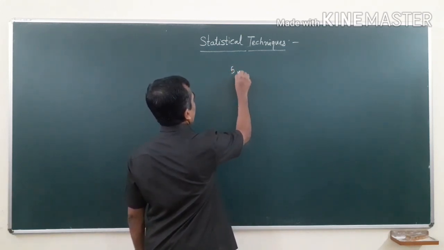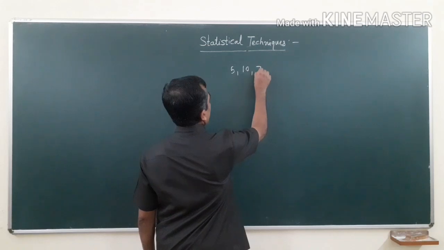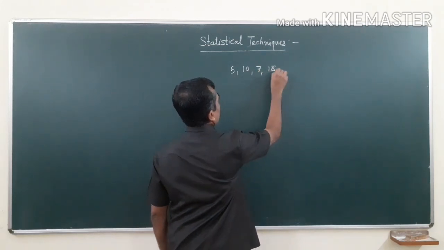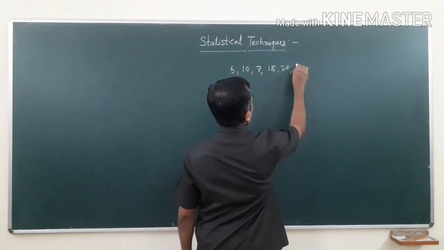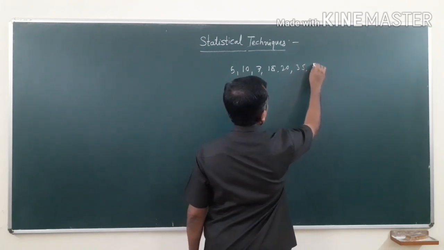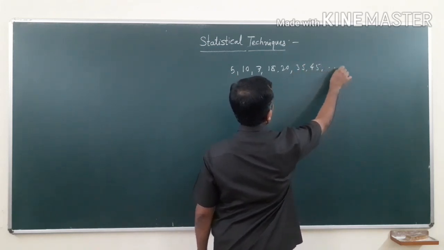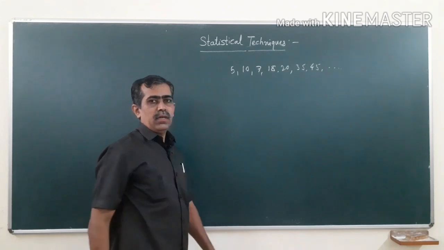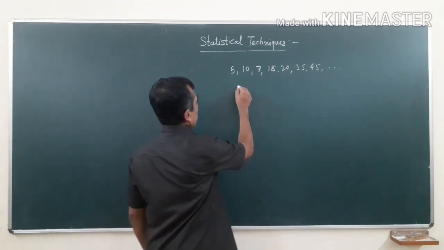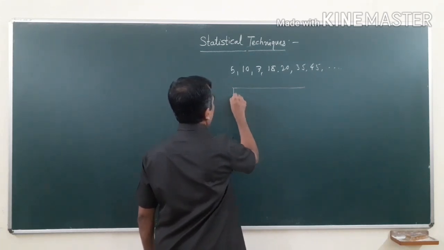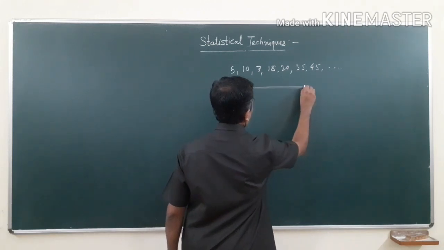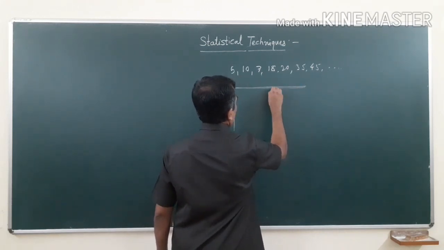Suppose you are given data like this: 5, 10, 7, 18, say 20, suppose 35, suppose 45 and so on, and then you might be remembering that you would have arranged the data like this.